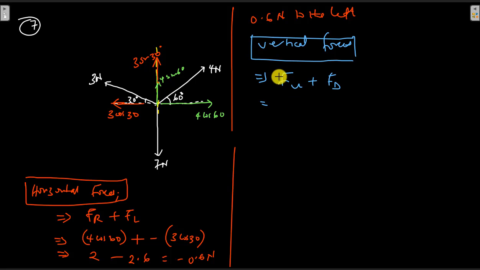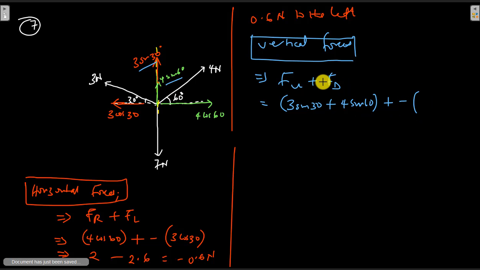Let's look at the forces upwards. We have 3 sine 30. We also have another force of 4 sine 60, also in the upward direction. Plus, all forces downwards are given a negative sign, so I'll say minus 7 newtons.